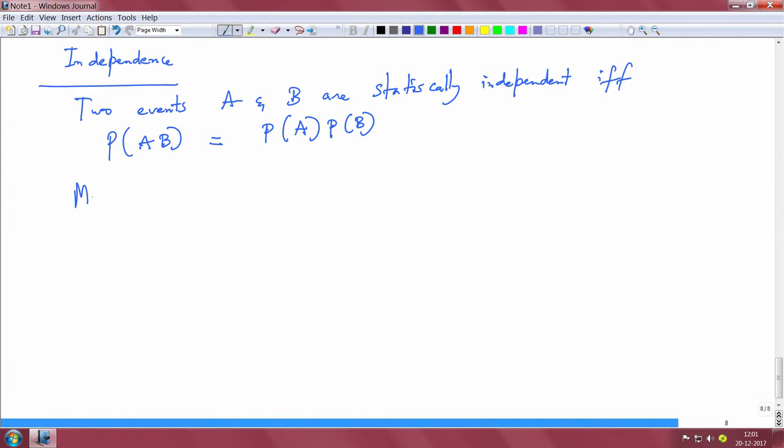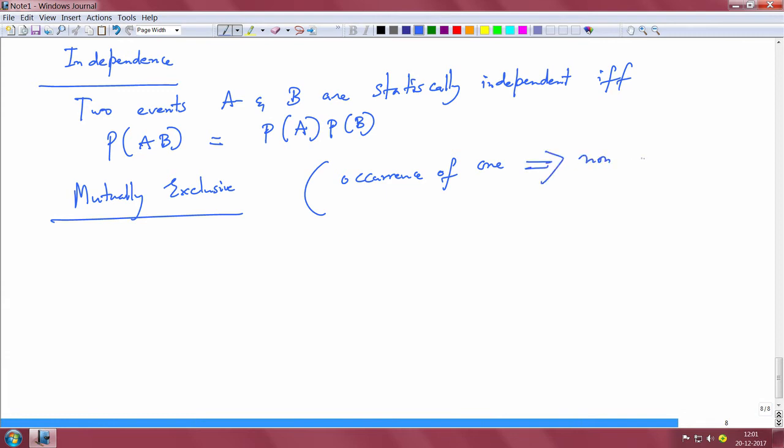There is also a notion of mutually exclusive property. So, what it means is occurrence of one implies non-occurrence of the other.